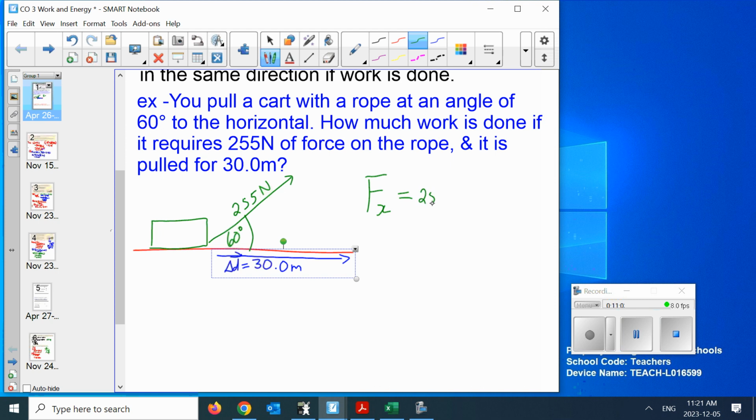It's 255, and it's the cosine, adjacent. So we're doing this. I didn't draw the triangle in, but I think it's this. Imagine it. Green triangle. And then I'd use a calculator. Close to 60 is half.